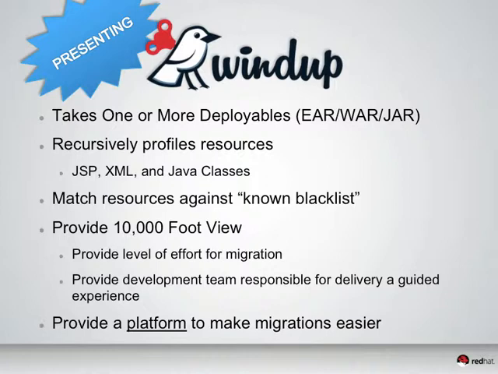Once we find blacklisted classes, for example, in Java classes, we're looking at the import statements. That may give us some information that we can then go a little deeper and deeper. We then generate that into a 10,000-foot view of the application so that you as a migrator are not stuck in the weeds going through source code. You can actually see what the application is made up of and then drill down into the relevant resources therein.